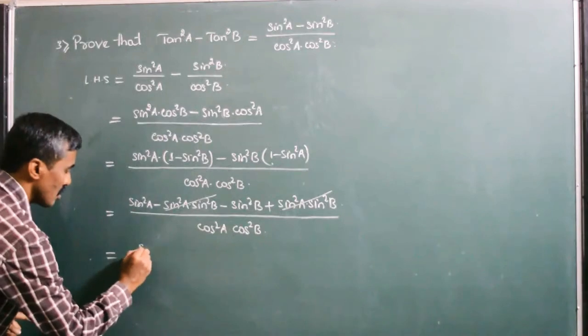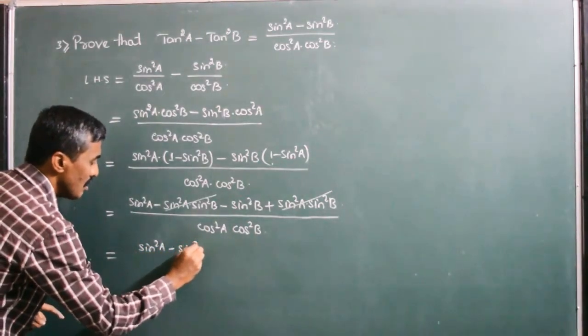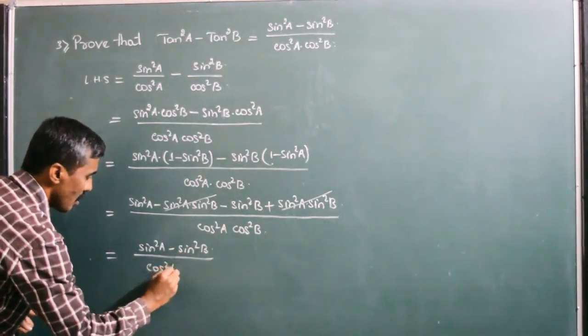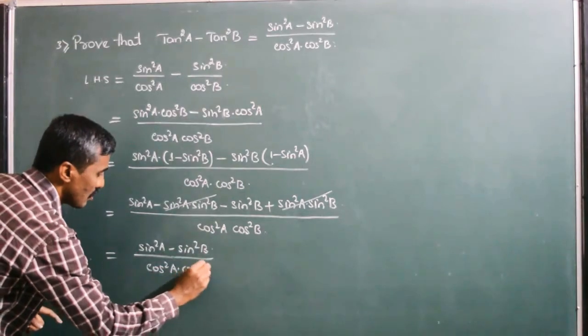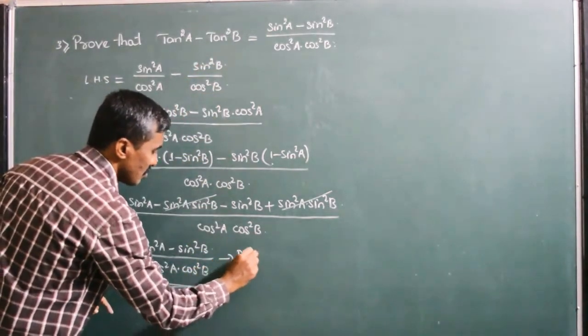The remaining term is sin square A minus sin square B, whole divided by cos square A into cos square B. So this is our required RHS.